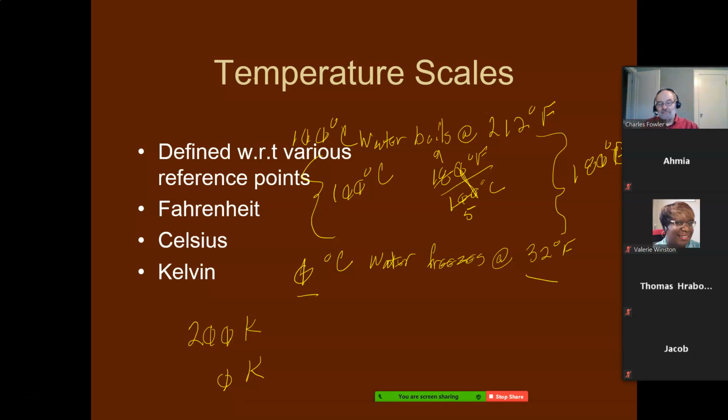Okay, now that happens to be about negative 273 degrees Celsius. That 0 K is about negative 273 degrees Celsius. Okay, so those two are equivalent temperatures right here, 0 K and negative 273 Celsius.